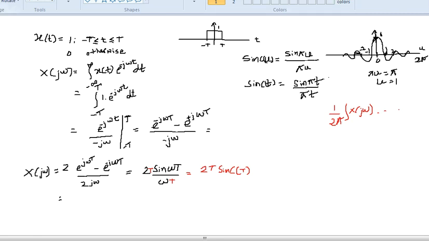So let's go for drawing that signal. What is this sinc of omega t? The output of our signal is in this way.